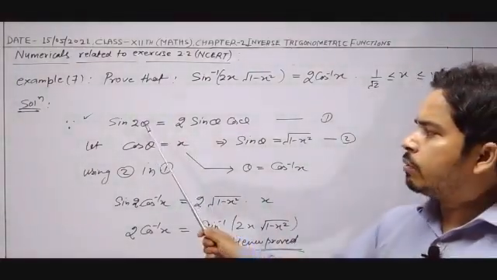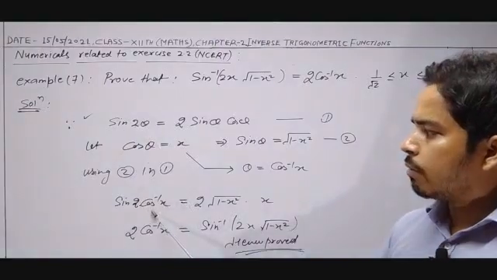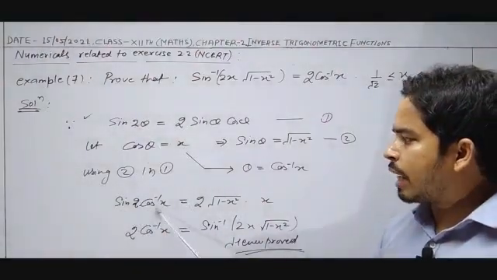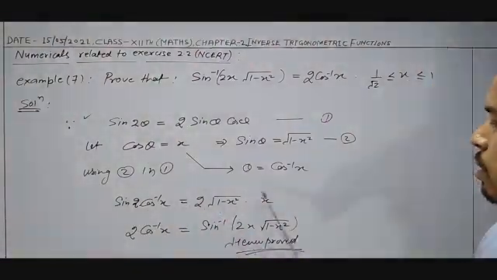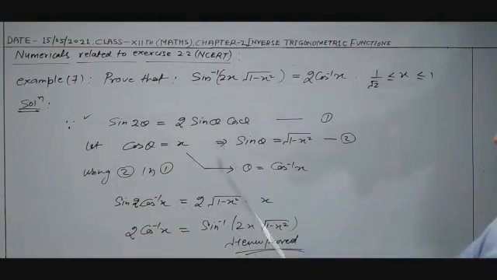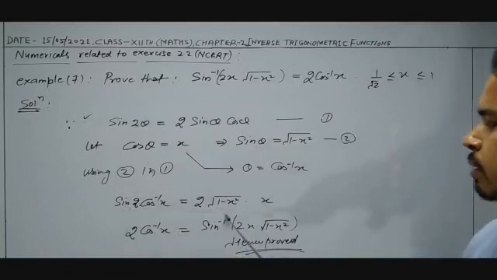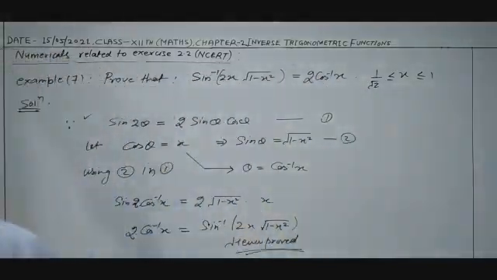So put the value at the place of theta, that will be cos inverse x. So sin of 2 times cos inverse x is equal to 2x, where x means cos theta, into root of 1 minus x square. So this result will be sin inverse 2x root 1 minus x square is equal to 2 times cos inverse x.